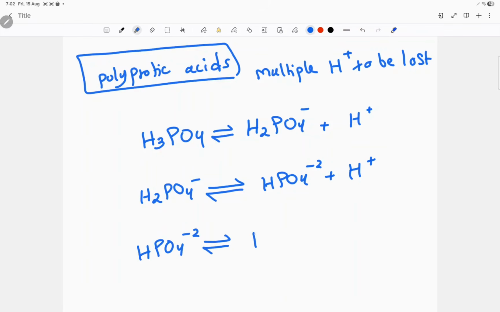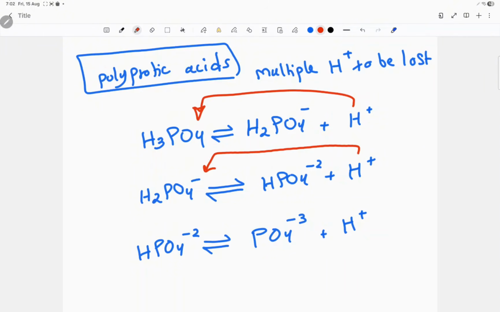And why is the charge changing? We have to balance the left and the right. Now, which step is the easiest to lose the H? The first one, because losing an H plus from a neutral is much easier than losing it from a negative or from a -2.